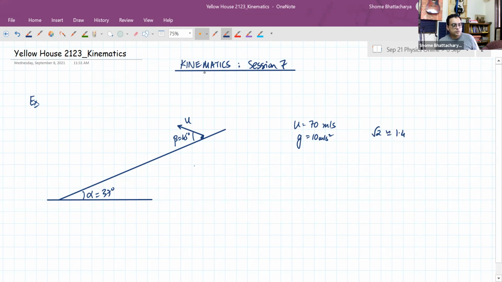So we have to find again those standard things: the maximum distance, the range, the impact speed, the time of flight.